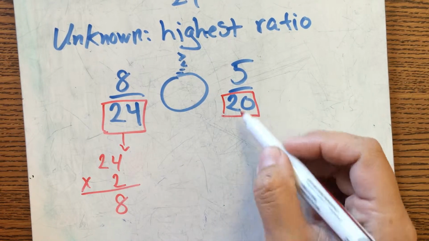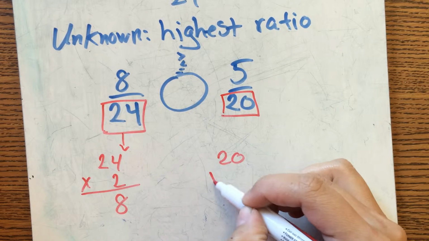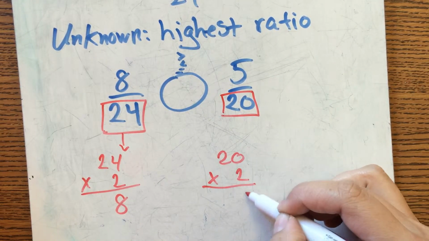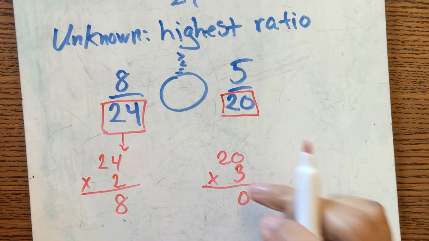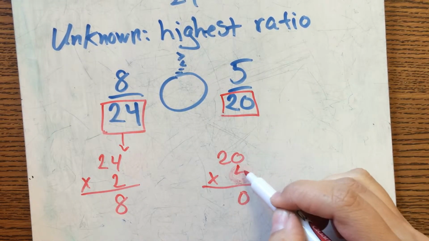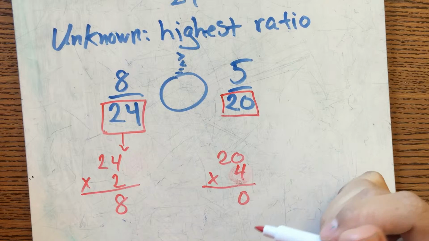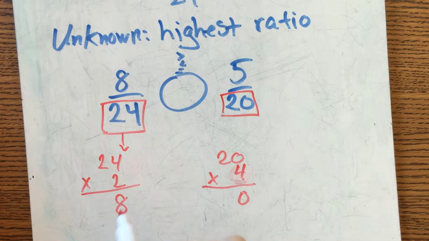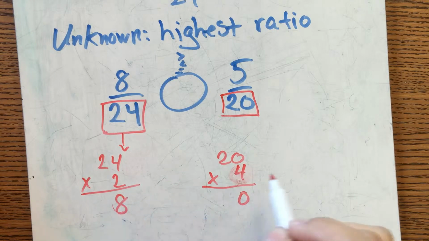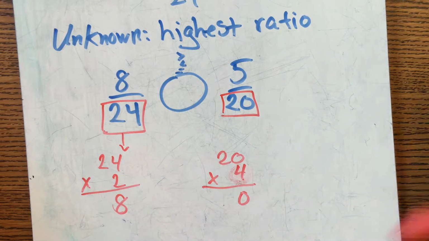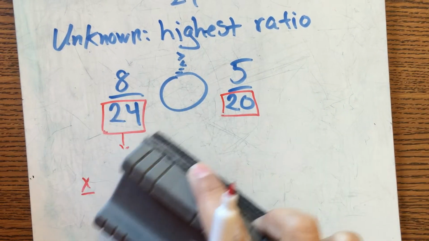It's going to be a 0, right? 20 times 2, you always end up with a 0. Times 3, you always end up with a 0 in the ones place. Times 4, you always end up with a 0 in the ones place. I'm looking for a multiple of 24 that has a 0 in the ones place, and I'll see if both of them can be evenly put into it.